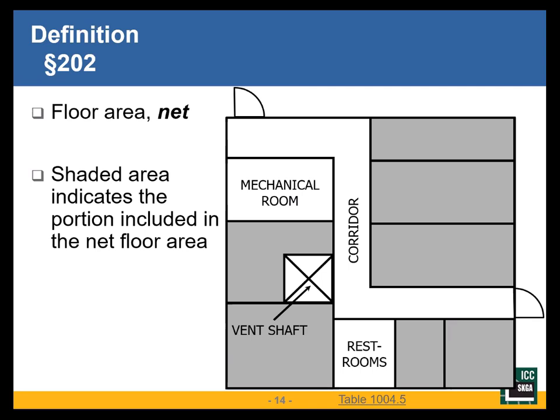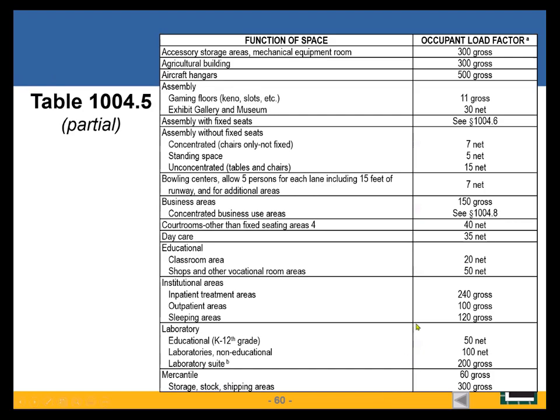Now let's talk about how I apply this during plan review. When I go back here and say, okay, it says for an assembly, let's take an assembly. We're going to have a dining area, which is unconcentrated tables and chairs, 15 square feet per person.